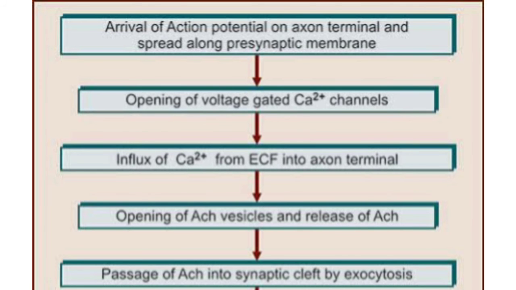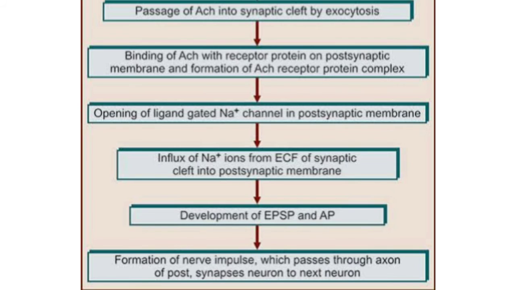In the presynaptic neuron, the arrival of action potential in the axon terminal makes the calcium channels open, and there's influx of calcium ions into the nerve terminals, and the vesicles now exocytose, and there's release of acetylcholine, passage of acetylcholine through the synaptic cleft, and now the acetylcholine binds to the receptors in the postsynaptic membrane.